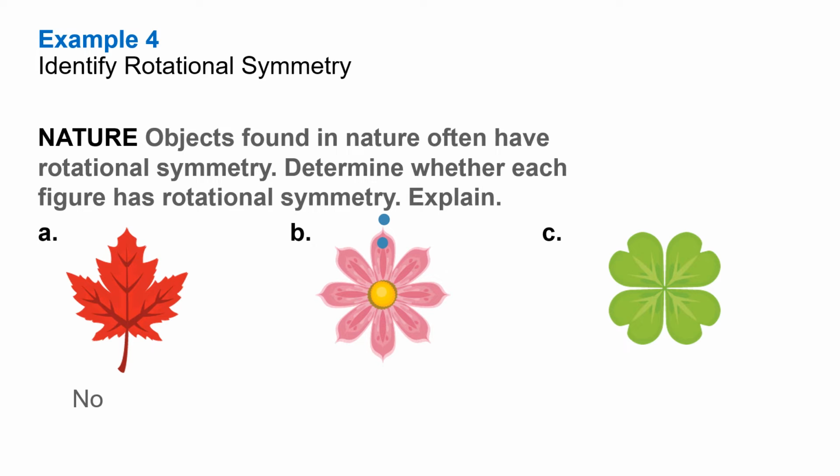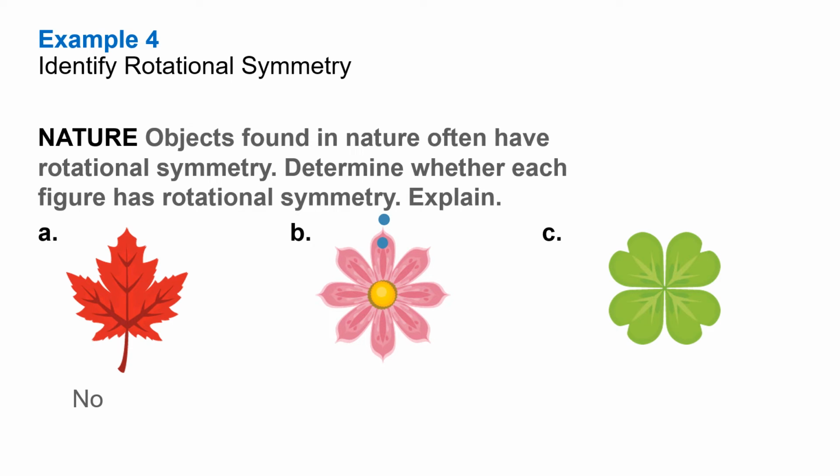Now, because this has rotational symmetry, let's count how many turns it takes for the blue dot on our petal to get back to the blue dot that is above the flower. 1, 2, 3, 4, 5, 6, 7, 8.